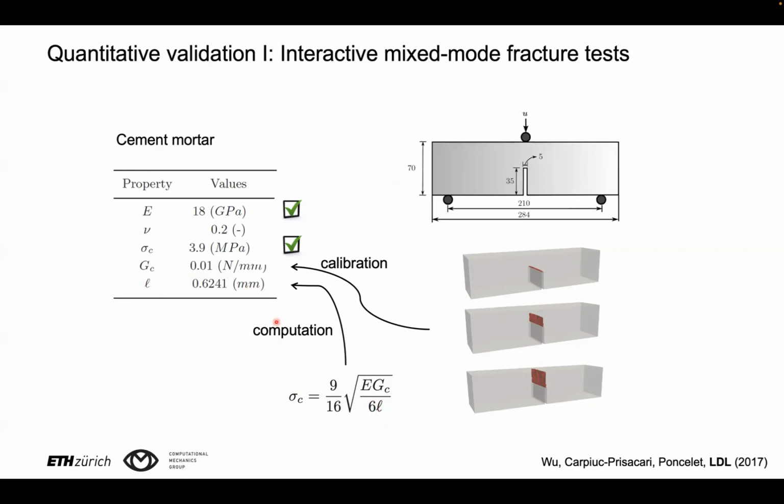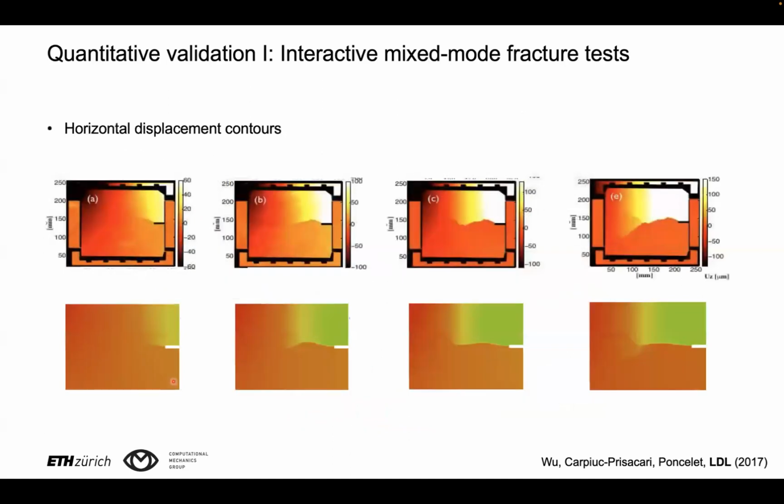Okay, so then based on the fully calibrated model, we could blindly predict results of these complex interactive mixed mode fracture tests that were carried out in Cachan. Here you see only some representative results. You see on the top row the contours of the horizontal component of the displacement field.